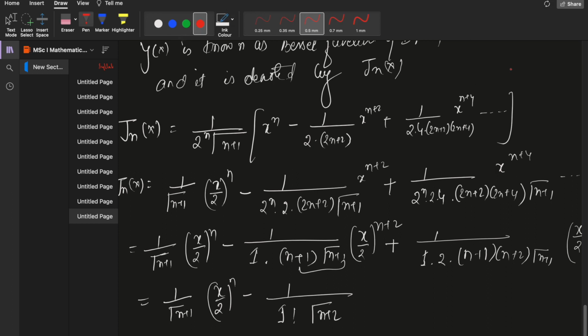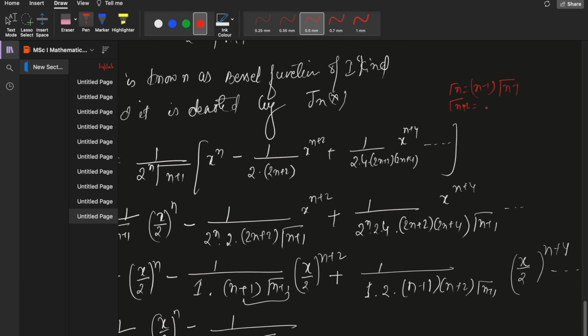We know gamma n equals n minus 1 factorial. So if I substitute n plus 2 for n, this will give me n plus 2 minus 1, gamma of n plus 2 minus 1, so this will give me n plus 1, gamma n plus 1.